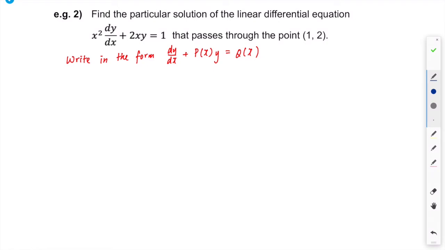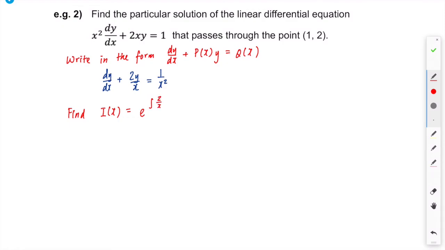So what does it look like? That means I have to divide every term by x squared here. This means I have dy by dx plus 2y over x, right, equals 1 over x squared. Next, we are ready to find the integrating factor I of x. The formula is e to the power of the integral of p of x, so whatever is multiplying y in the second term.